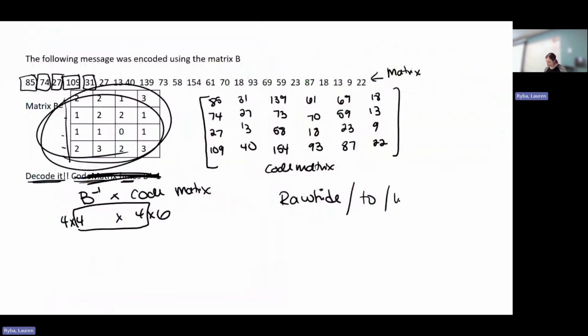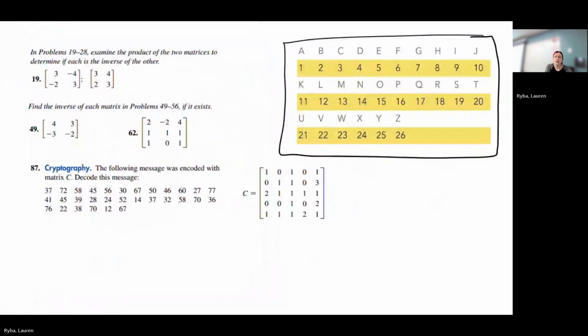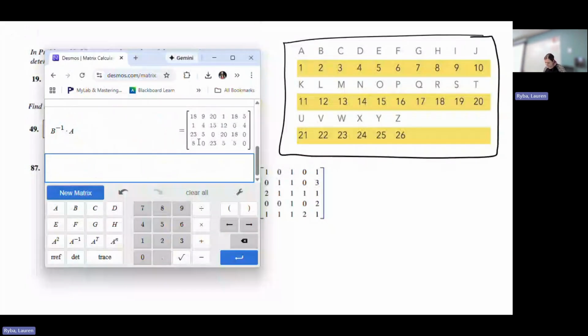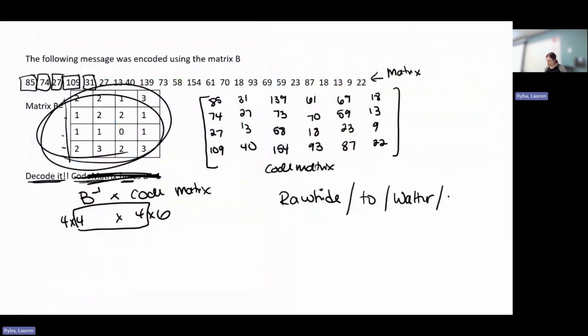Then there's a space. Walter. Look at the last one here. 18 is R. E-E-D, end. Rawhide to Walter Reed. It's a military phrase of some sort.